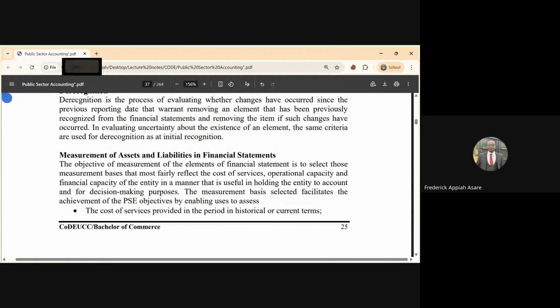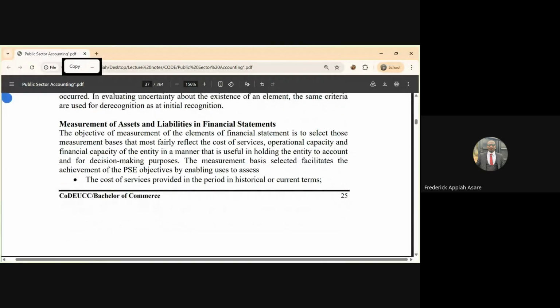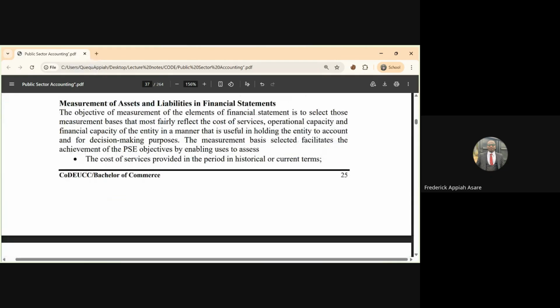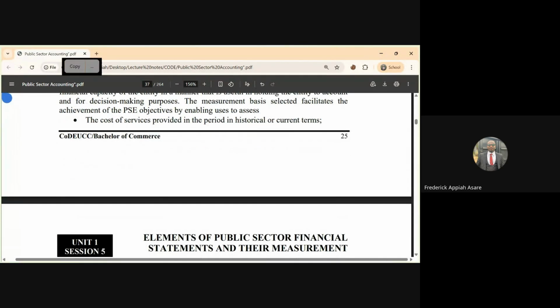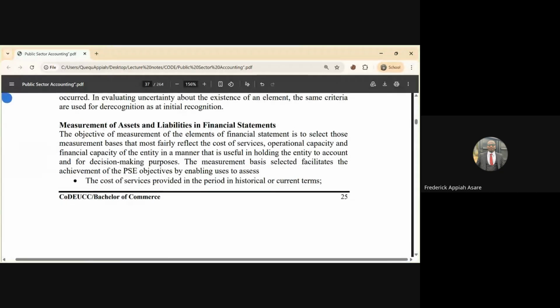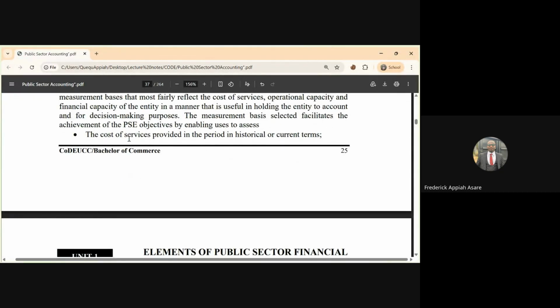Now let's look at the measurement of assets and liabilities in financial statements. You realize that we said that all the elements must be measured reliably. All the assets must be measured reliably. And how are you going to measure these assets and liabilities? The measurement basis selected should enable users to assess the cost of services provided in the period, in historical or current terms.